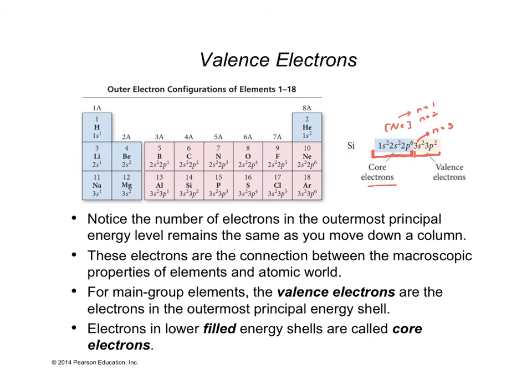And the electrons in the outermost principal energy level are called valence electrons. So valence electrons are the electrons in the outermost principal energy level. Core electrons are everything in inner shells that are filled. I can't really state that well, but you get what I'm trying to say.